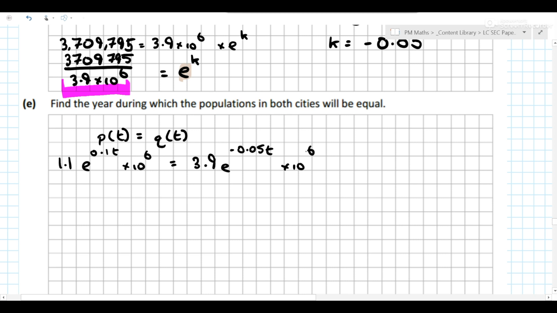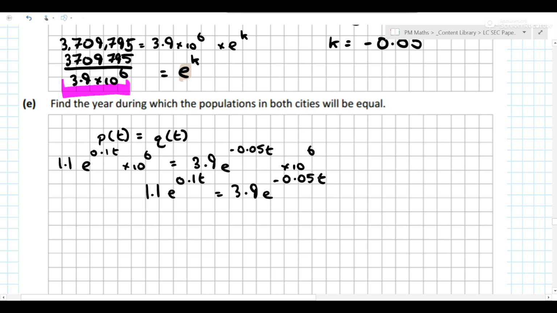Fortunately on both sides, so what we're looking for is t, and on both sides we have the 10 to the 6. So on both sides we can divide both sides by 10 to the 6 and just have 1.1 e to the 0.1 t is equal to 3.9 e to the minus 0.05 t.